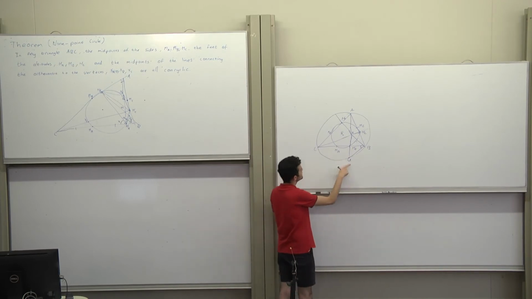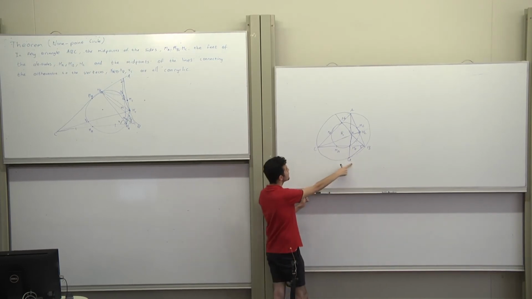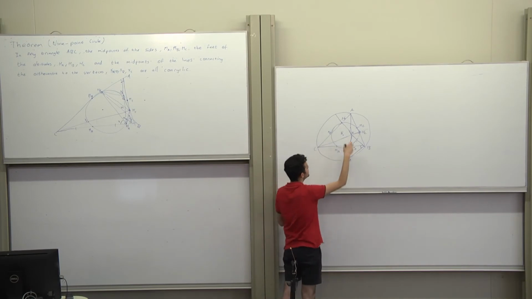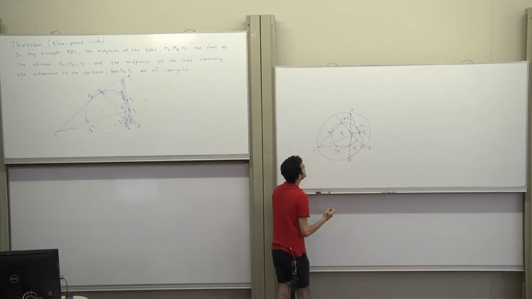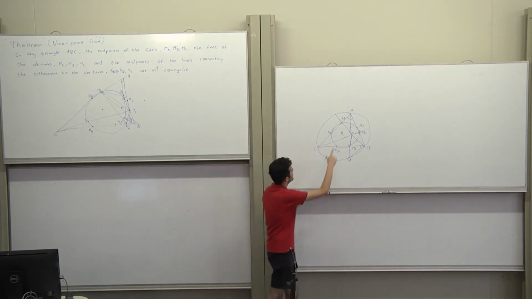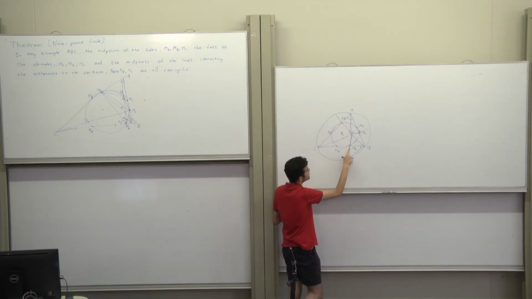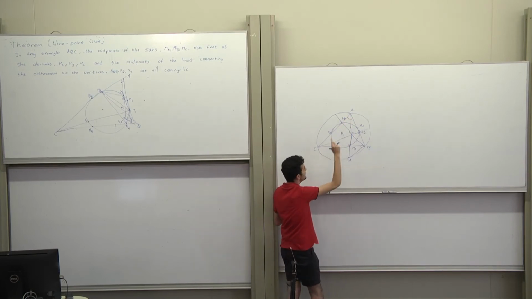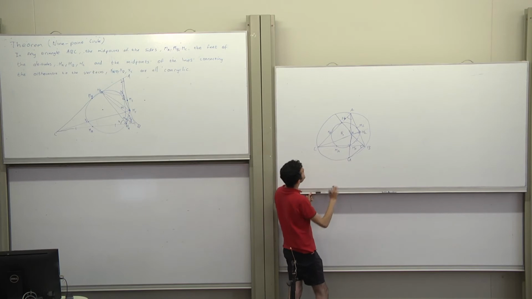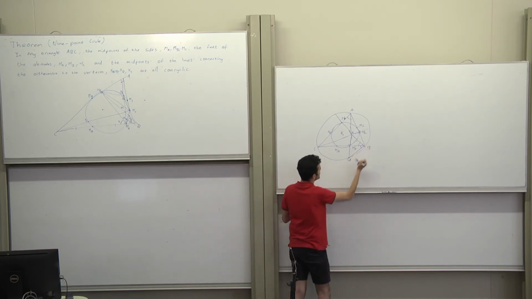So CU subtends the angle CBU, which is also CAU. This is 90 degrees, recall. And we have that AHB, HAB is a cyclic quad, so we have that angle.